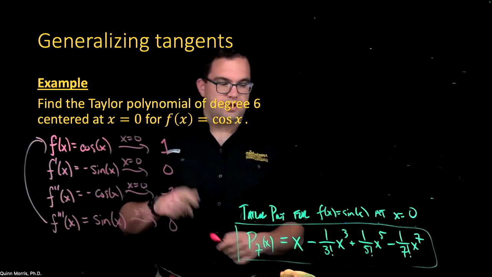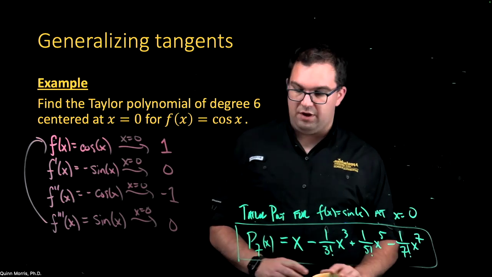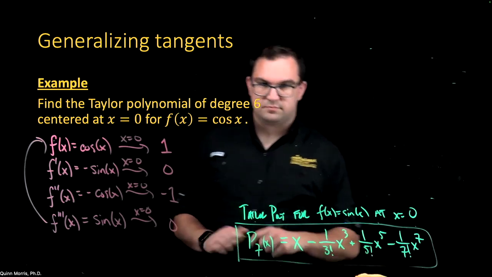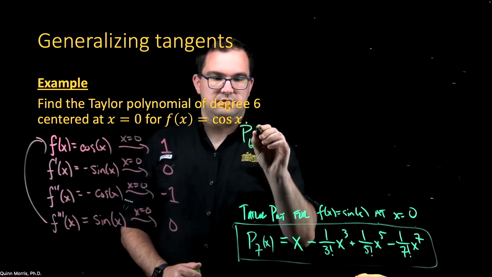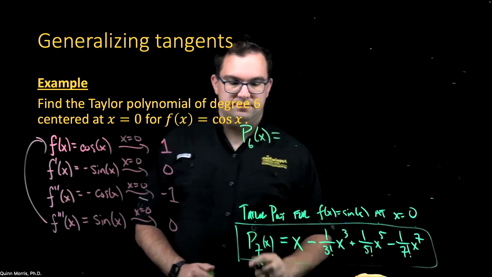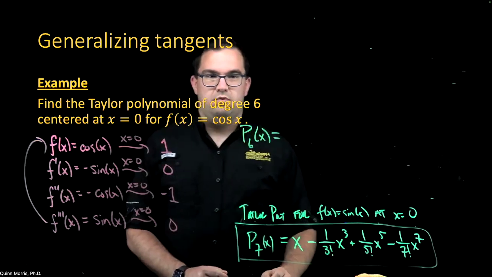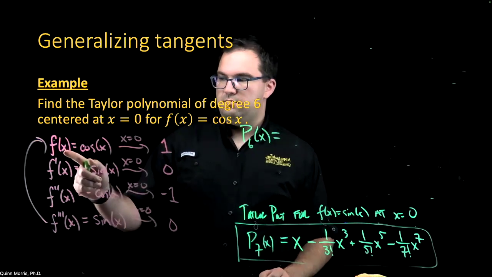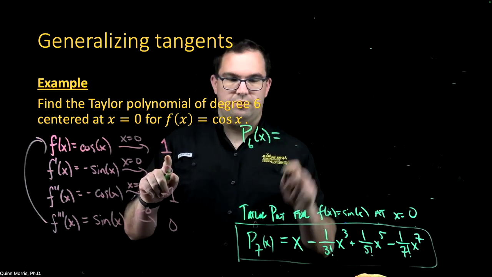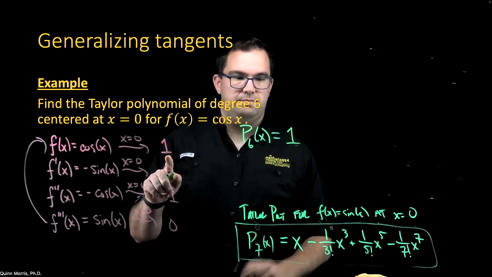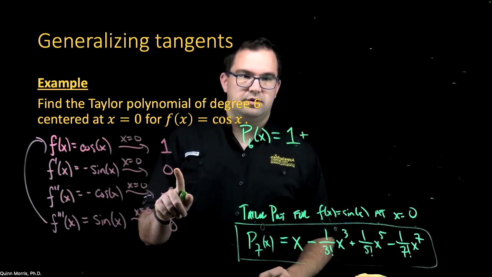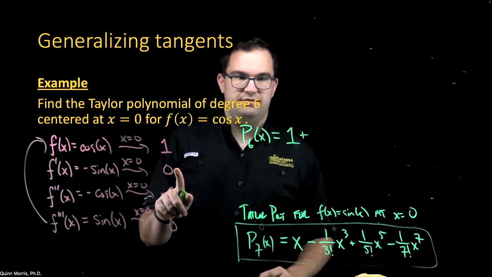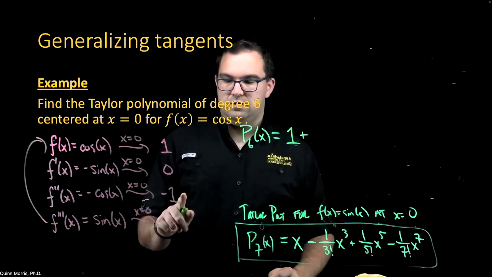All right. So now when I go to write down my Taylor polynomial here of degree 6, in this case, I want that p sub 6 of x. Now, what's it going to be? It's going to be my function evaluated at 0 plus first derivative times x minus a, but first derivative is 0, so that term goes away.